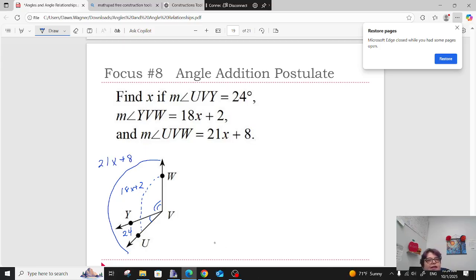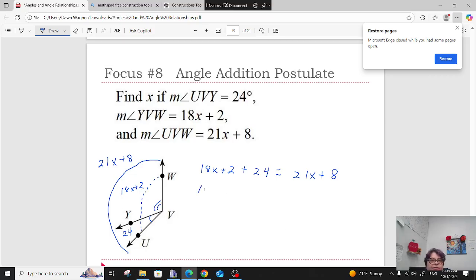So how do I set this one up then? Yes, I add these two little ones together and set it equal here. 18x plus 2 plus 24 has to equal 21x plus 8. Right? Okay.